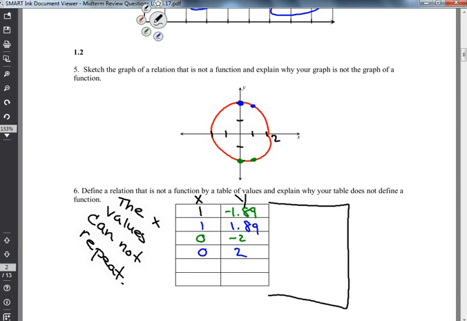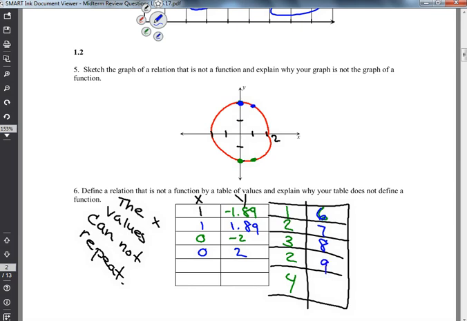Your chart can look something like this, and just make something that goes like 1, 2, 3, 2, 4, and then again these values, anything you want. Doesn't really matter. That is not a function because this input of 2 has different values. So that is not a function.